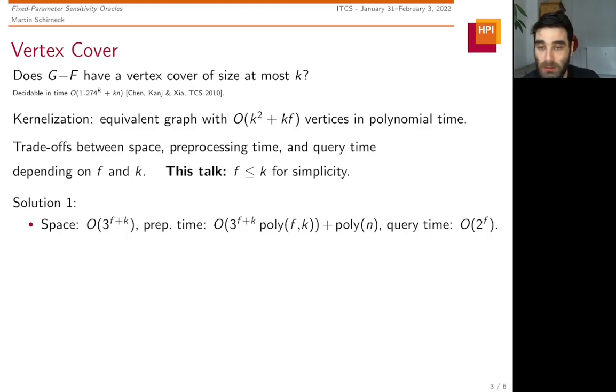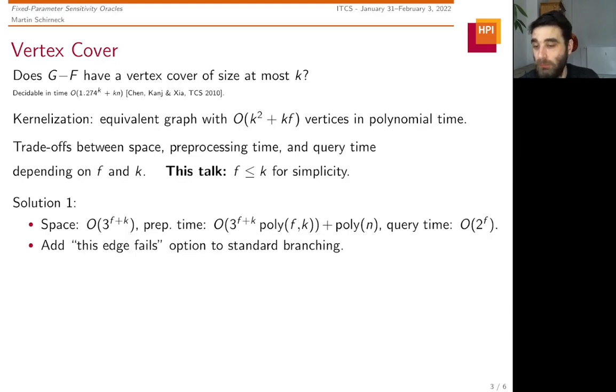So we get rid of this k and the graph size in the query time. We obtain this, I hinted at earlier that the standard branching is in some sense fault tolerant. You can just add the "this edge fails" option in the branching tree and get solution 1.